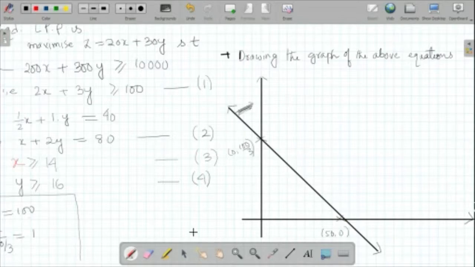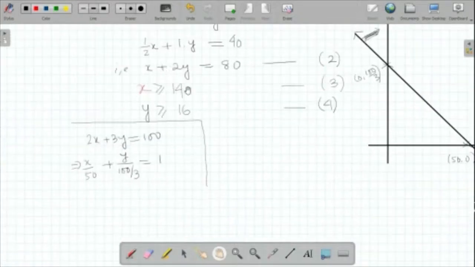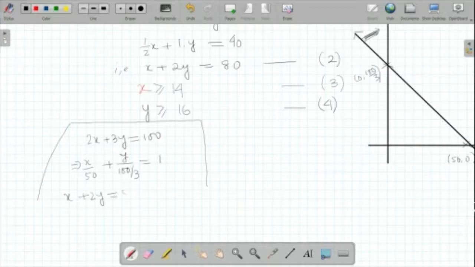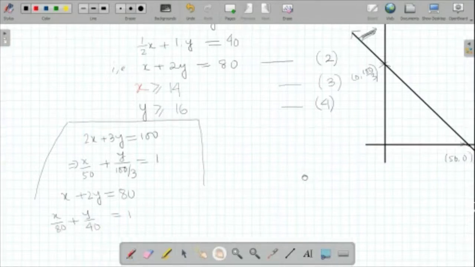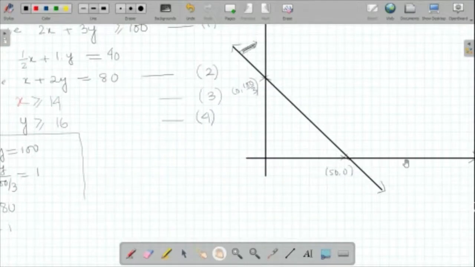Now after that second equation, x plus 2y equal to 80. It's very much simple. Second equation is x plus 2y equals 80. Now divide by 80, so x by 80, y by 40. x is 80, y is 40.